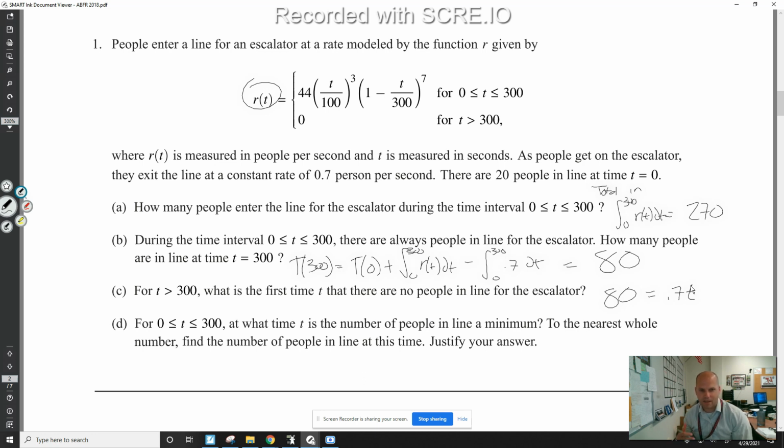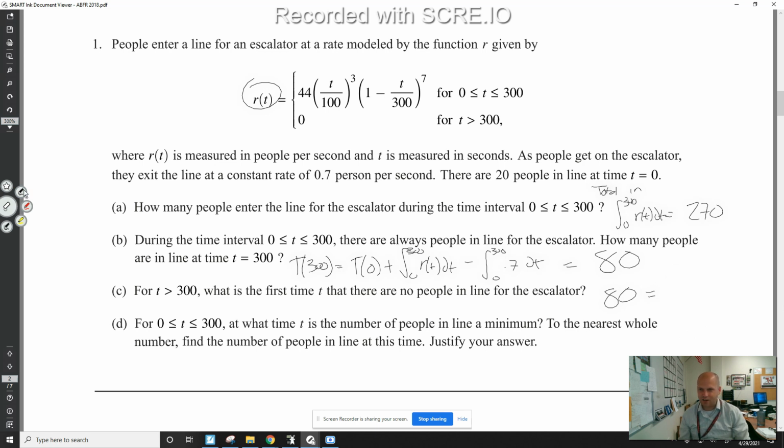Now, this is how many seconds it would take to get 80 people out of the line, because the rate is 0.7. You could also say I have 80 equals the rate out from 300 to k of 0.7. This would be how you could find the exact value k.